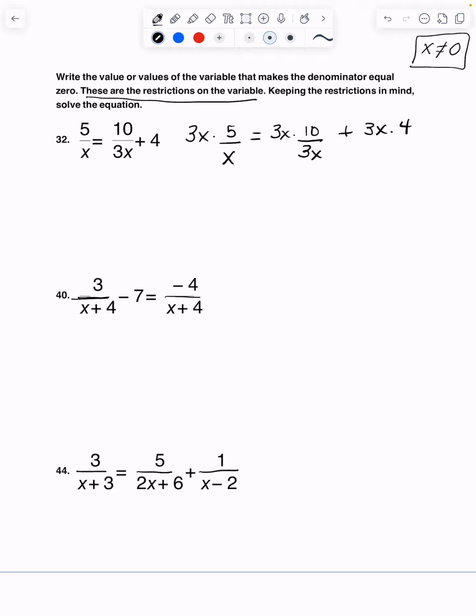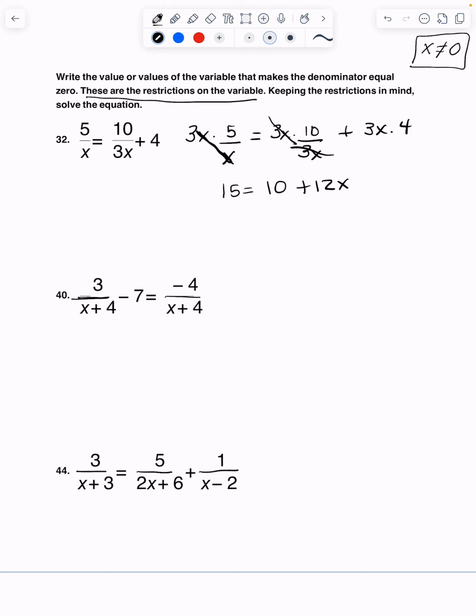So let's see what happens. The x's are going to cancel out in the first example. 3 times 5 is 15. This 3x is going to cancel out with that 3x, and I'm left with 10. And then 3x times 4 leaves me with 12x.